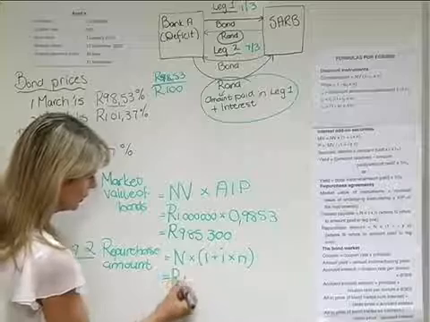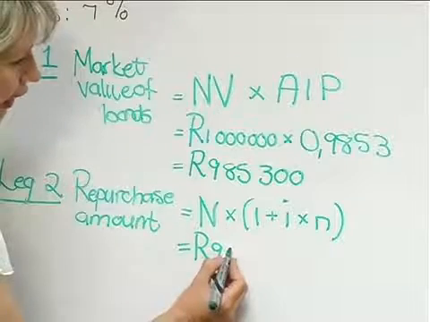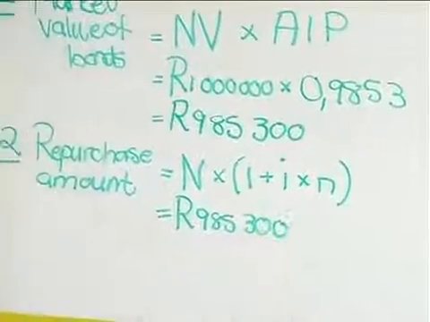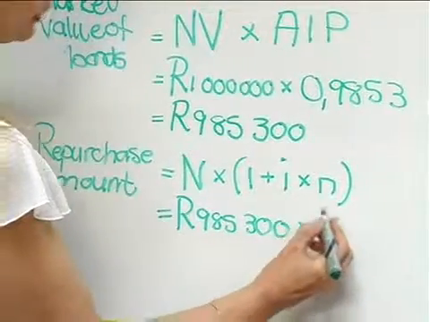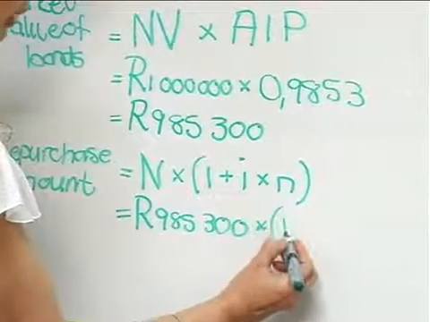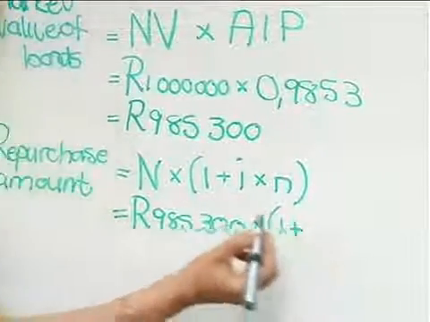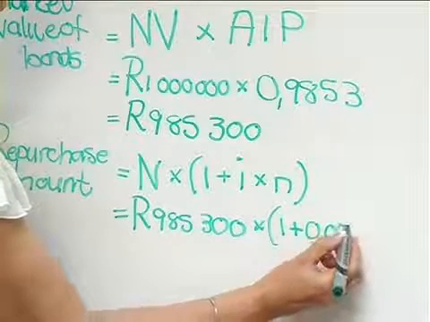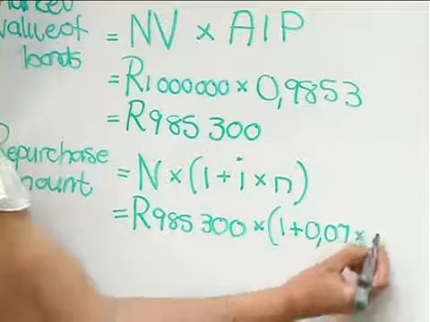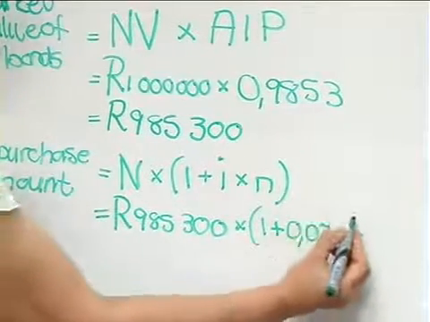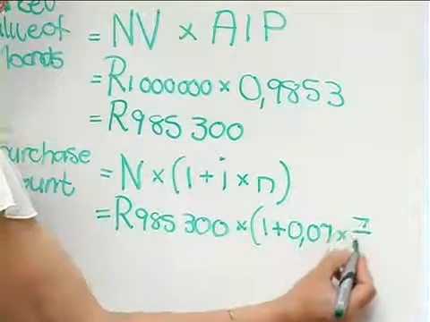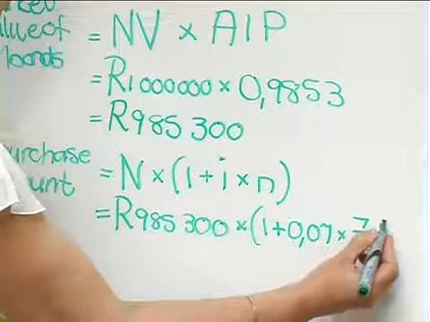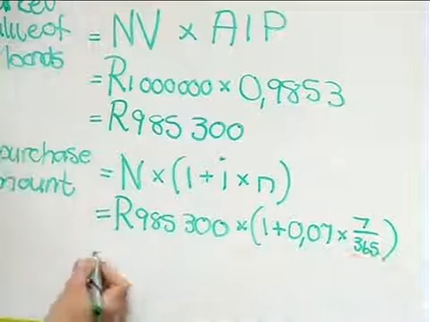So it is 985,300 times, in brackets, 1 plus the repo rate, which is 7%, 0.07, times N, the period of the year for which this transaction ran, so 7 divided by 365.